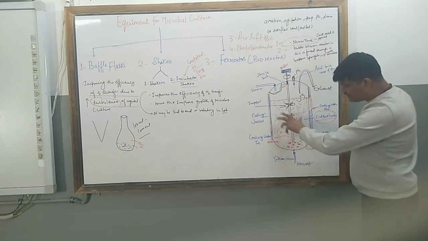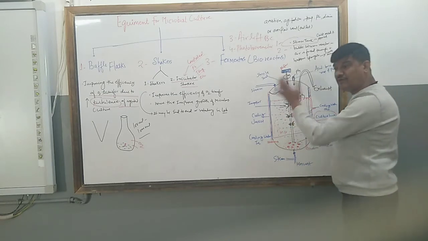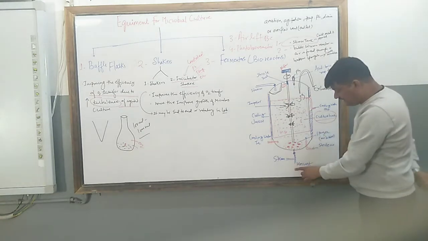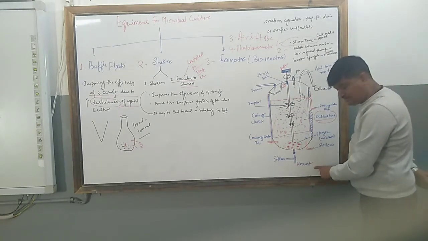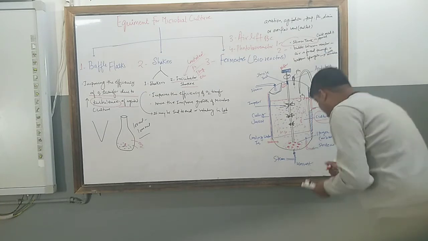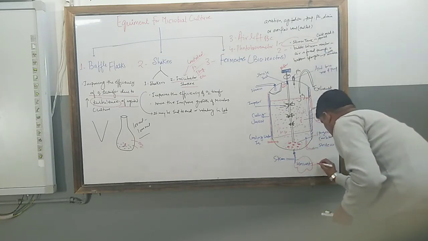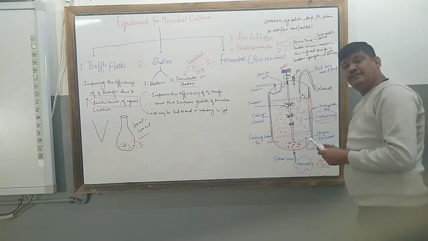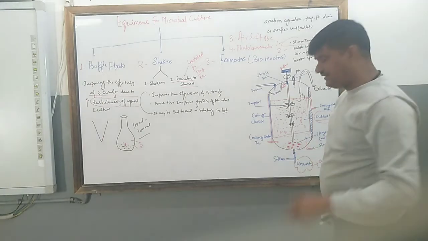Finally, whatever product is formed inside the bioreactor by a number of processes is harvested out. This is collected. Suppose this is the product, and that product is now stored and sent for further process that we call downstream processing.